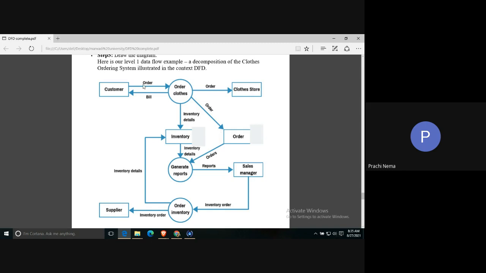So like customer will place the order and it will get the bill from order clothes process. Order clothes process will order clothes from the store. Order clothes process will give the information of the order to this database or data repository. All the details which have been gathered till now will be given to the inventory. So like that information will flow in the system.